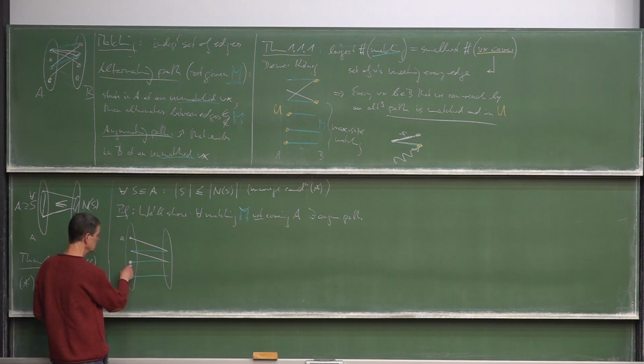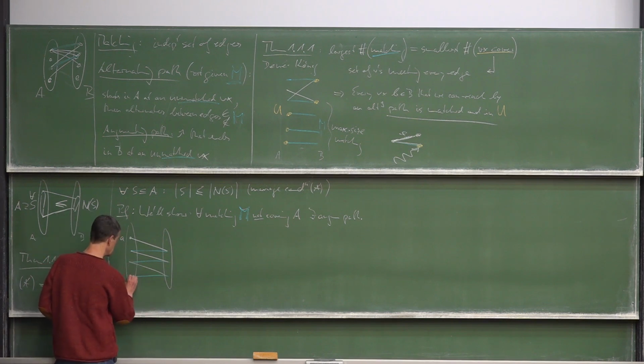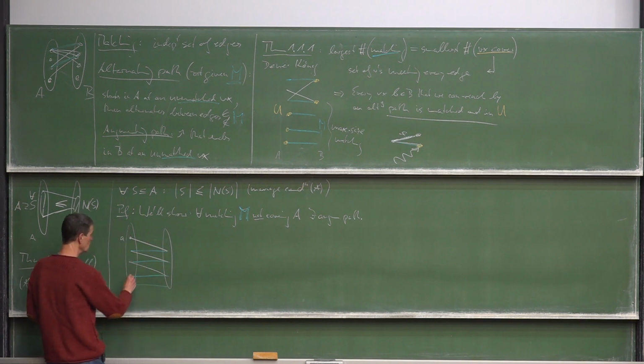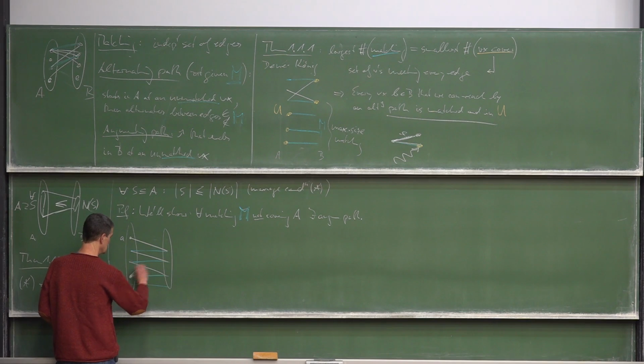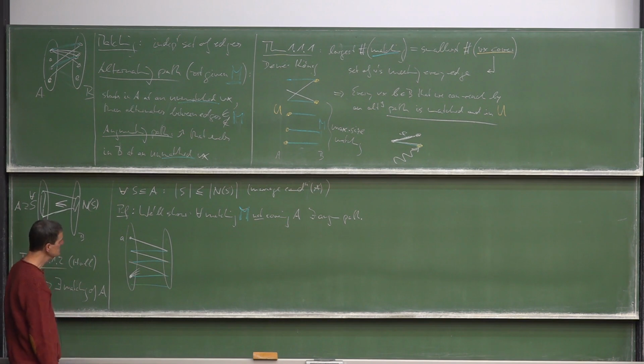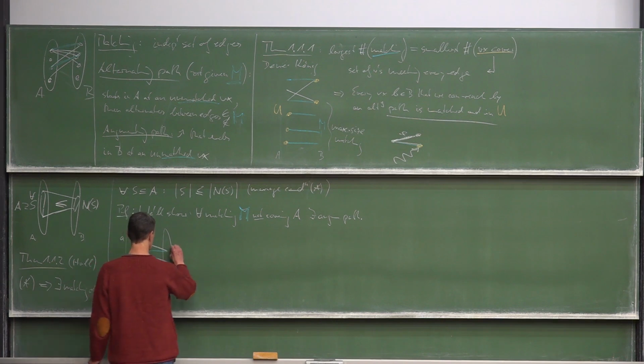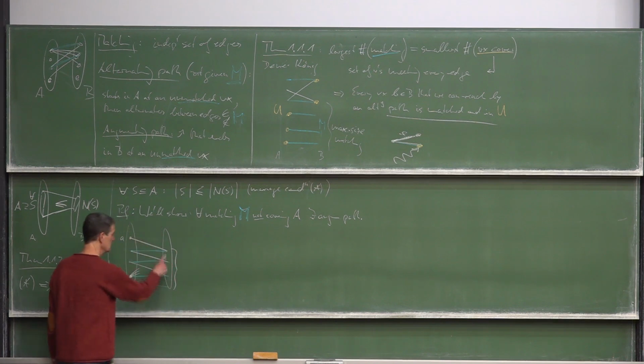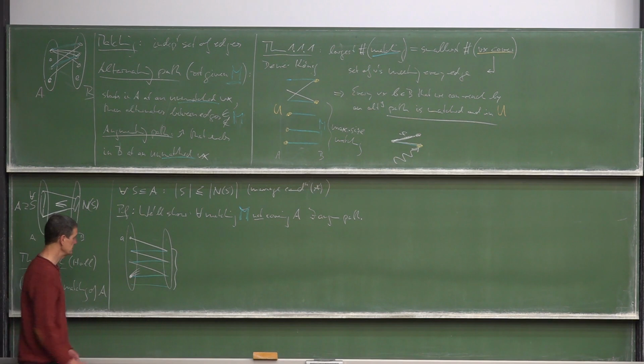So we get stuck at a vertex. Why are we getting stuck? Because all the neighbors of this vertex are already on the path. Okay. Let's consider the set of all these vertices on the right that we visited.